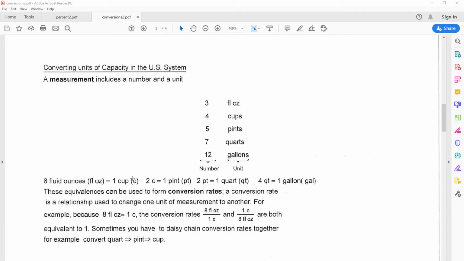These are called equivalences. So you can see the 4 quarts make a gallon. Okay, 2 pints in a quart, 2 cups in a pint, and 8 ounces in a cup.